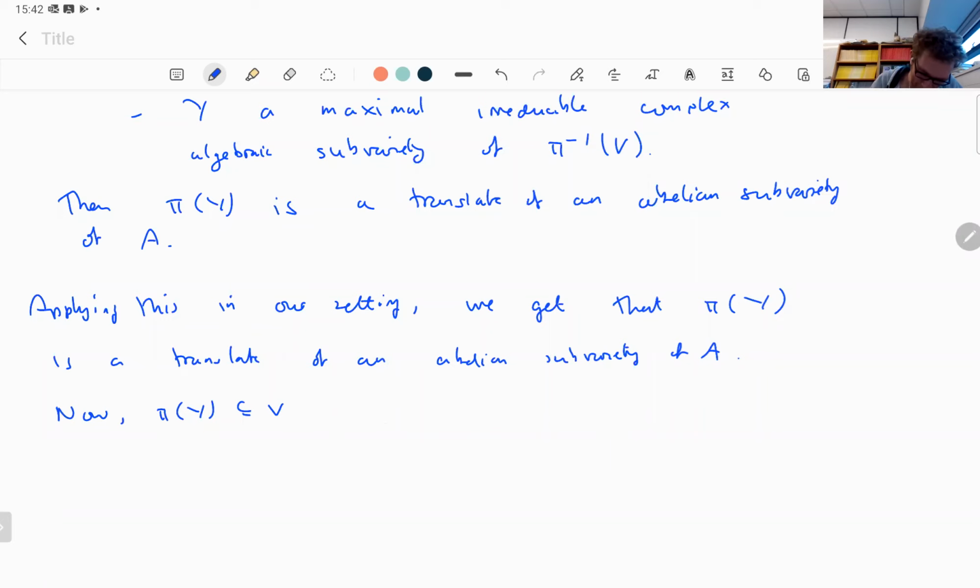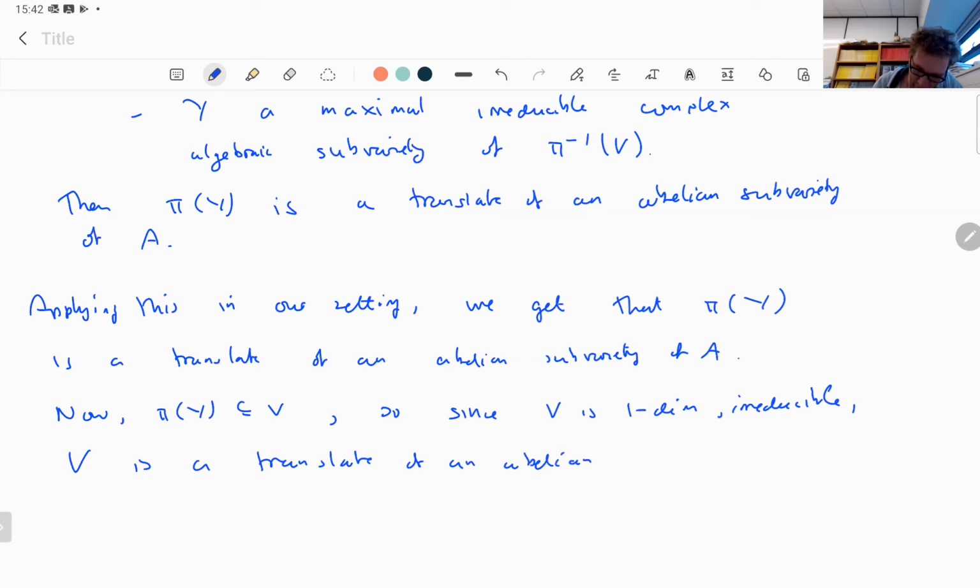So they're equal, and V is a translate of an abelian subvariety of A.